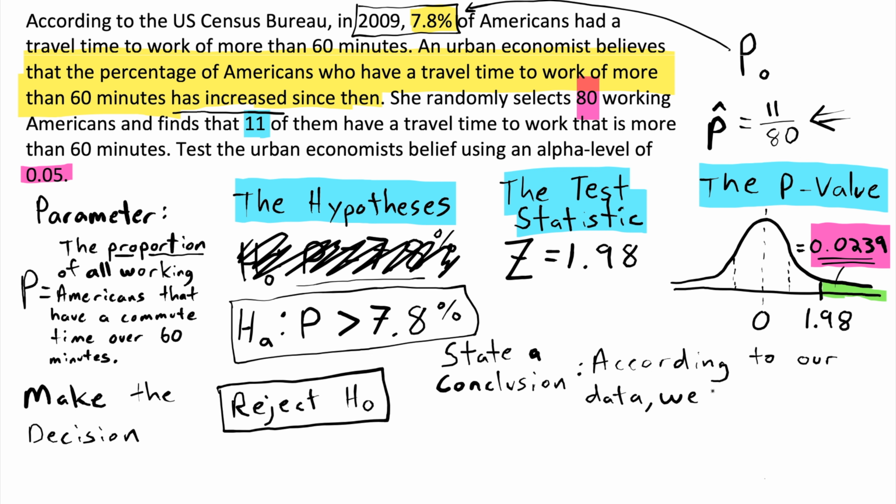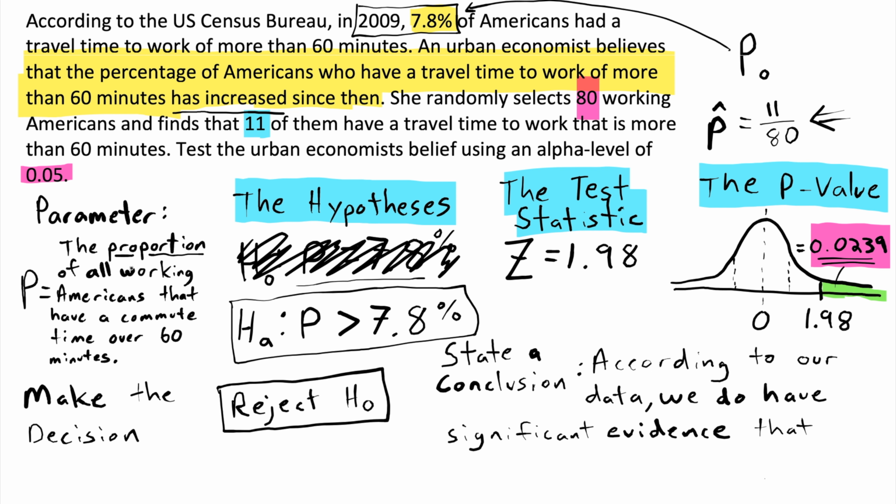According to our data, we have significant evidence that this happened, that the proportion of all working Americans, I'm so long that I'm going to need a little bit of room. We have evidence that the proportion of working Americans that have a commute time of more than 60 minutes has increased.